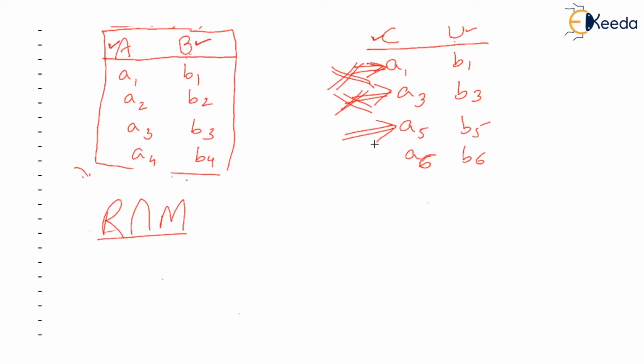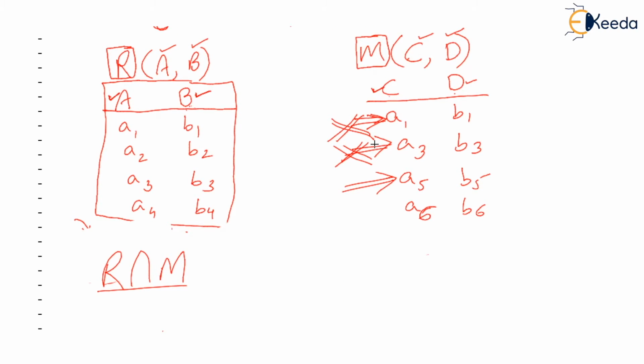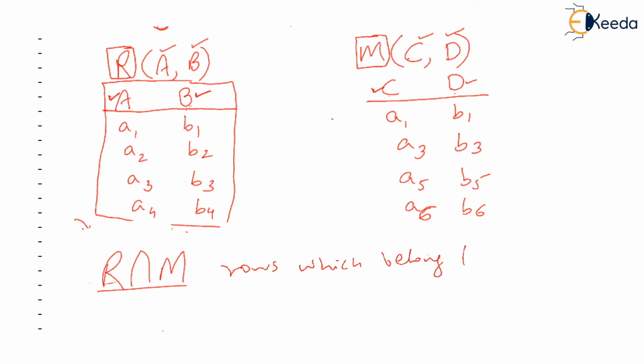Watch R and M, both these tables, and you have to filter out, as the name suggests, the intersection. You have to filter out those rows which belong to R and also belong to M. So there is an 'and' word over here. Rows which belong to R and M both.